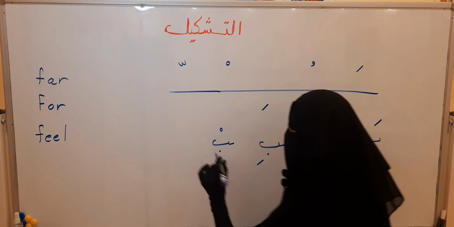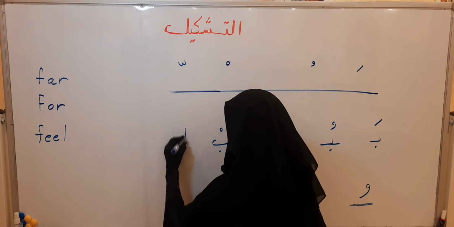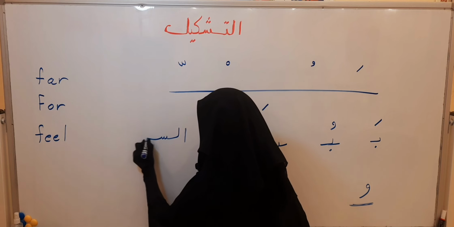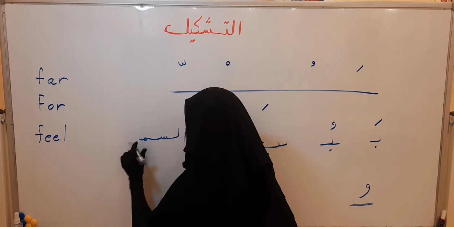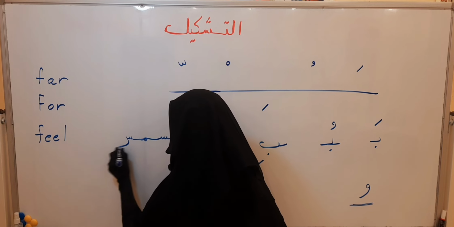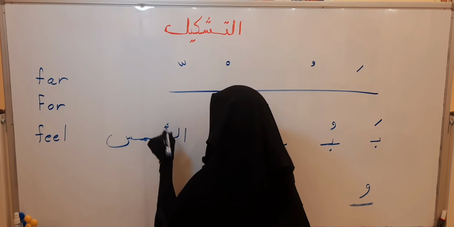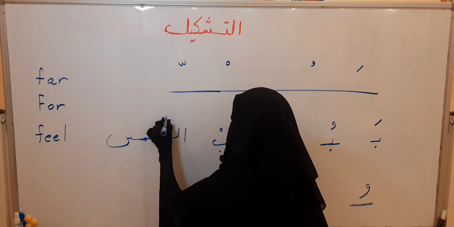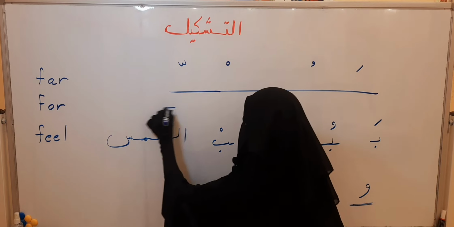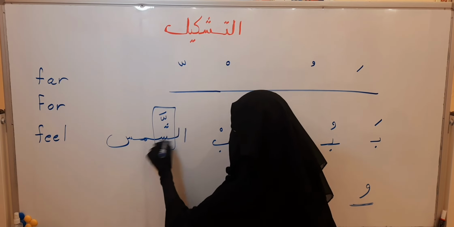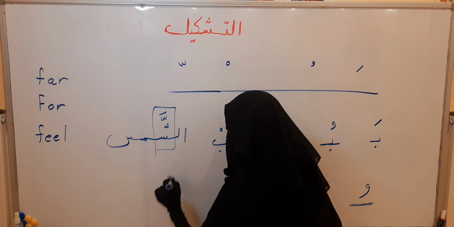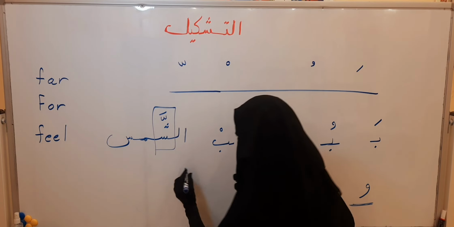Al-shadda, it means, let's see, al-shams. Shadda and fatha. It means the letter sheen, sh. It means that the letter sheen is just two sheens.